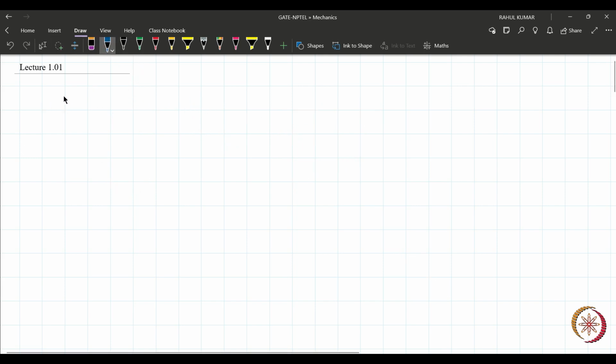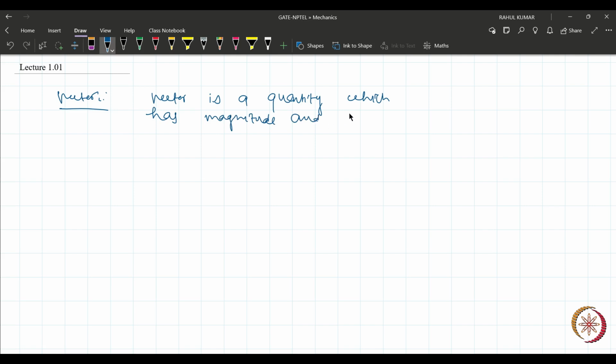So first we will talk about what a vector is. We all know that a vector is a quantity which has magnitude and direction.